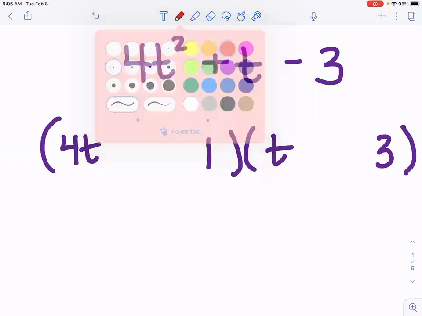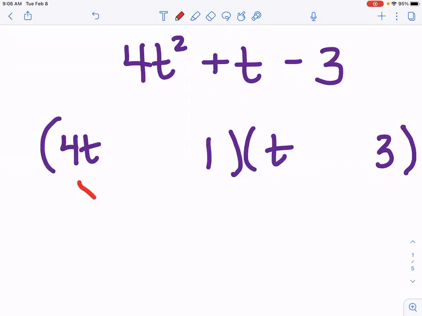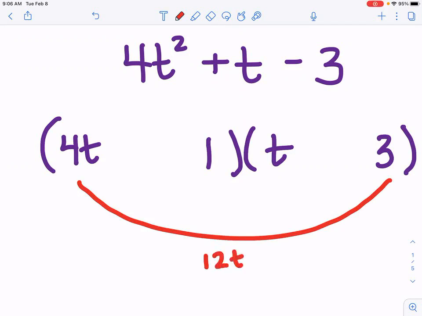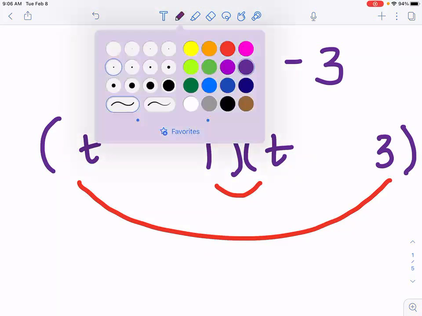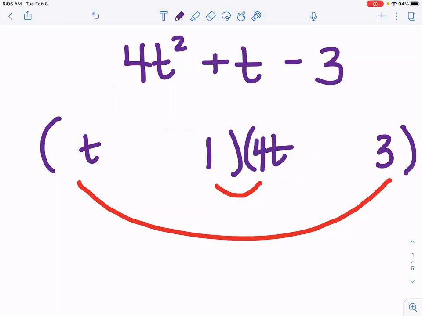So if I were to FOIL this, our outside would give us 12t and our inside would give us... Yeah, that's probably not happening, huh? Okay, so let's try this. 1t times 4t. This would give us 4t and this would give us 3t.